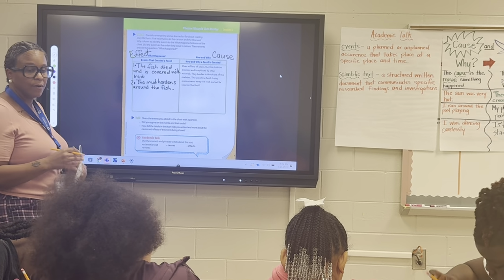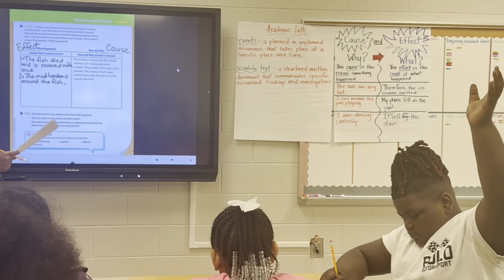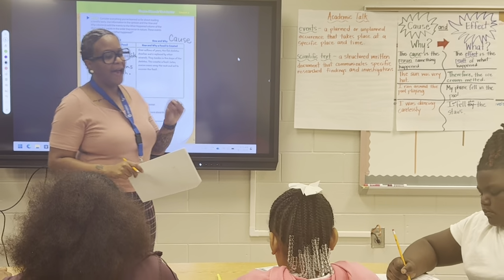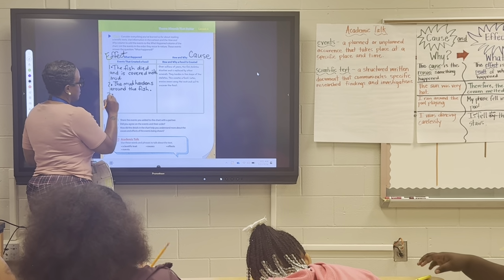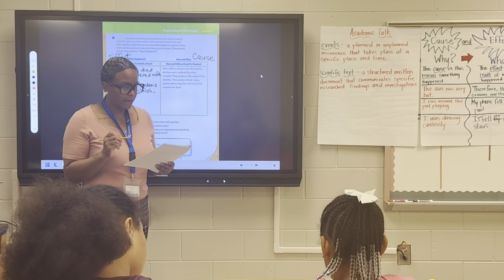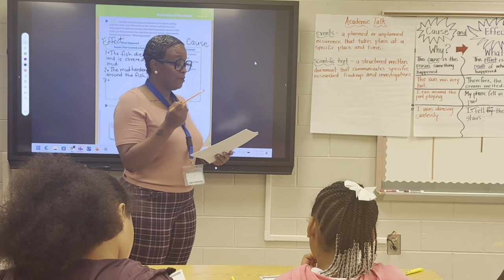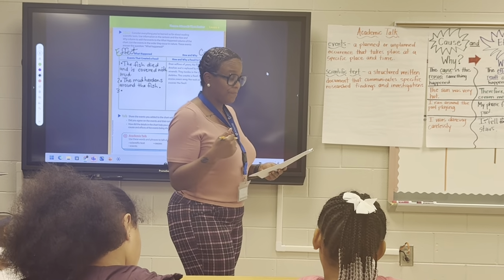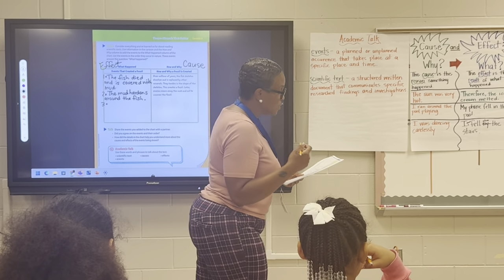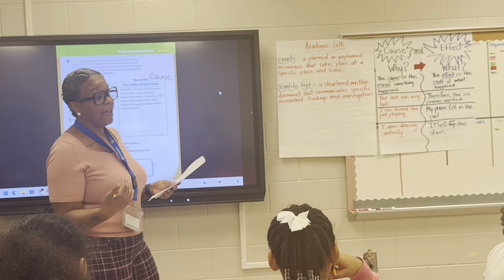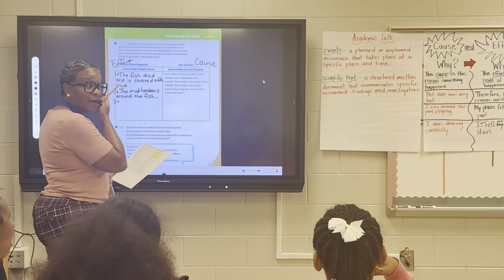So 1, the fish died and is covered with mud. 2, the mud hardens around the fish. Makari, what happens next after the mud hardens around the fish? After the mud hardens, the bones start to turn into fossils, and the skin starts decaying. So the fish's skin decays, then the fish's skeleton slowly dissolves into what?